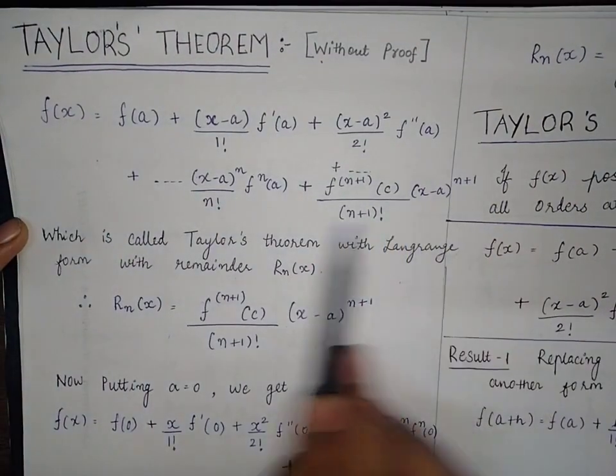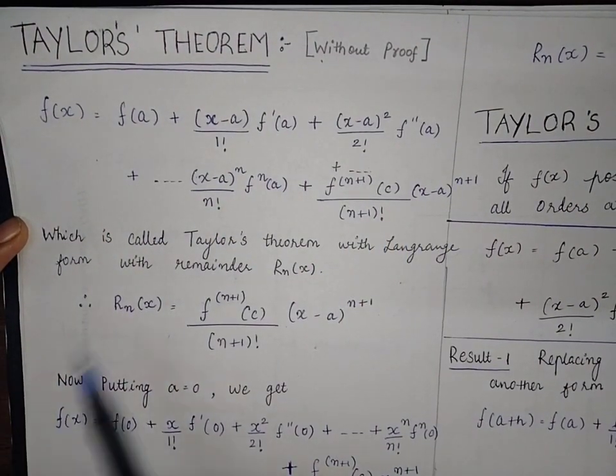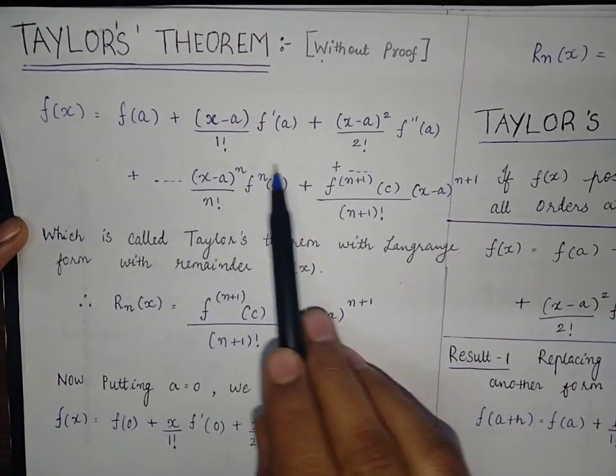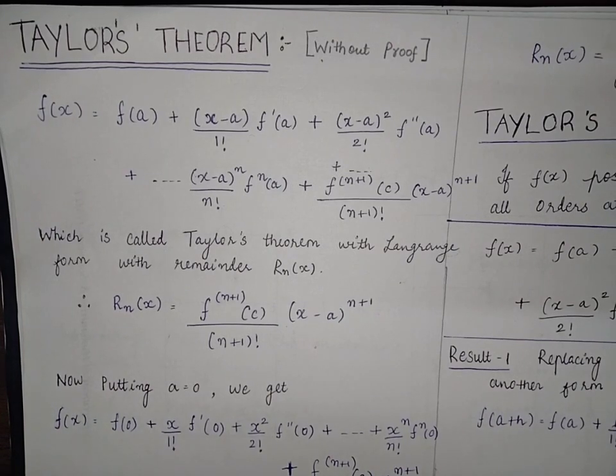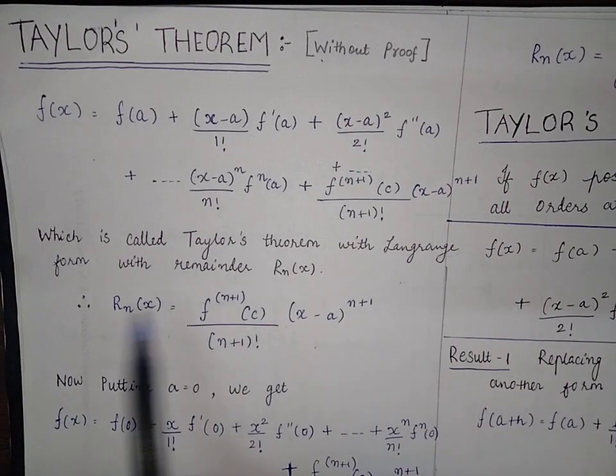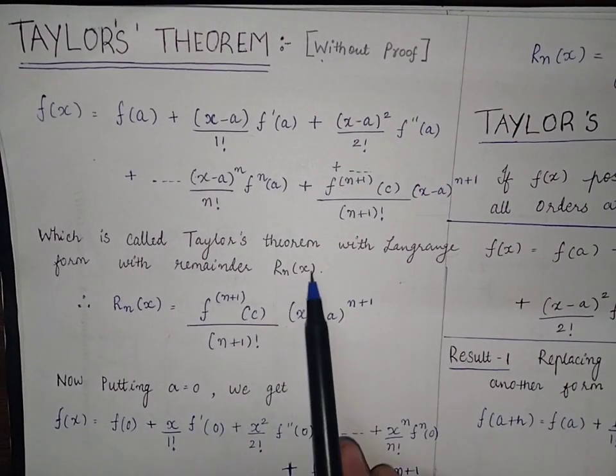So this is the Taylor theorem, okay. This is the first differential, second differential, third differential, and it goes up to the nth differential. Then this is called Taylor theorem with Lagrange form with remainder R_n(x).